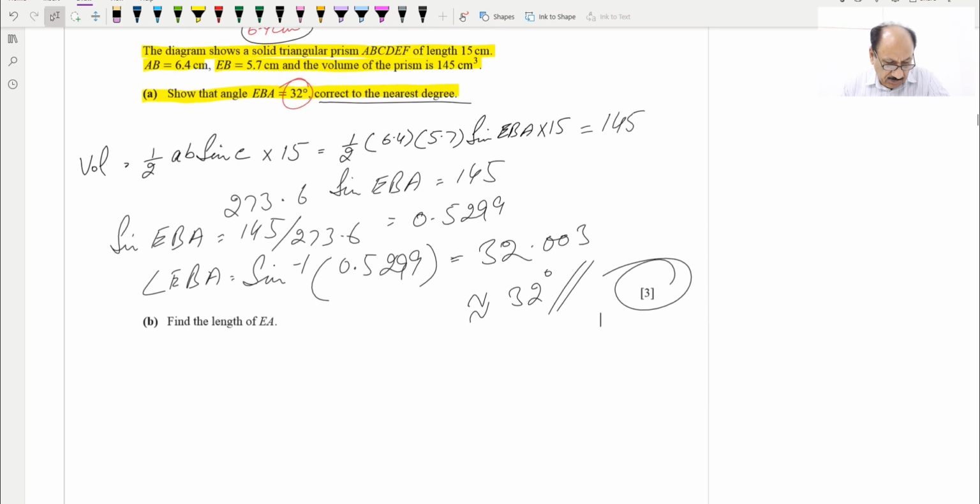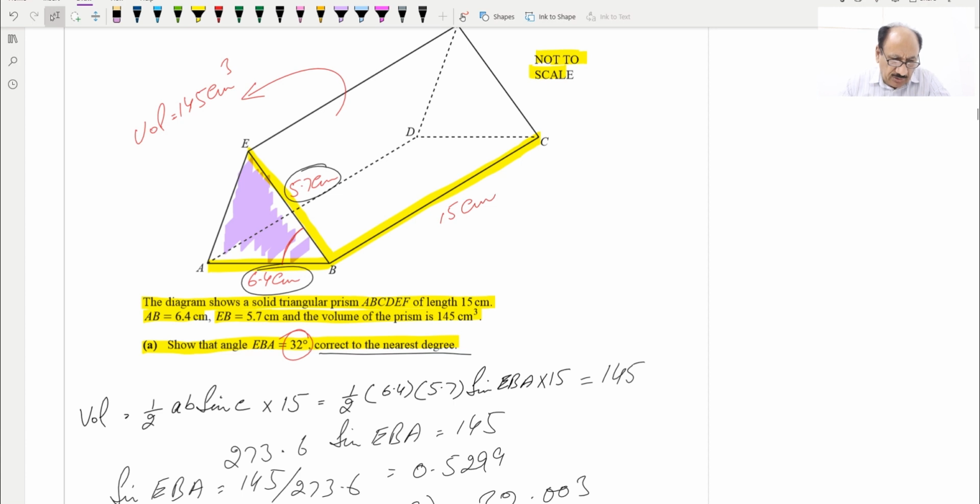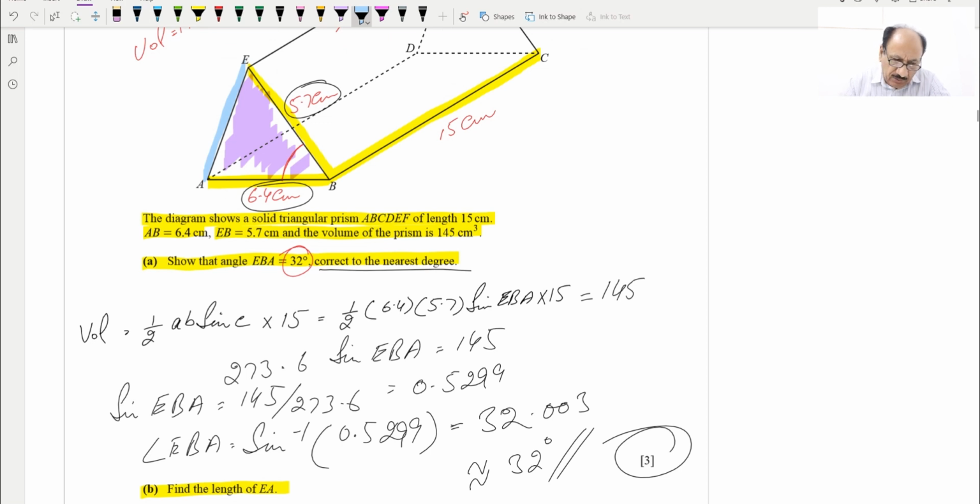Hopefully you understood this. Now B part says find the length of EA. Now length of EA is which one? We need to identify length of EA is this length. So we can apply cosine rule because we have an angle also.